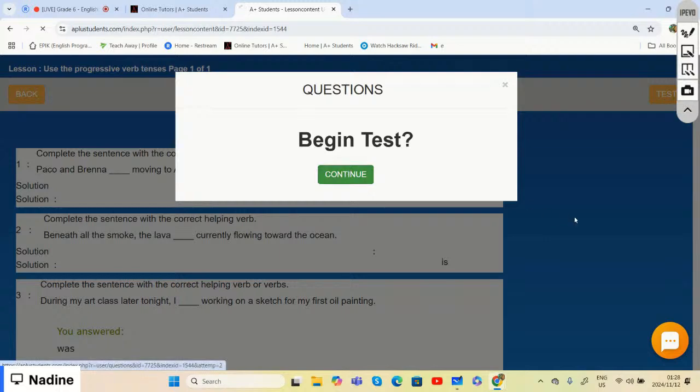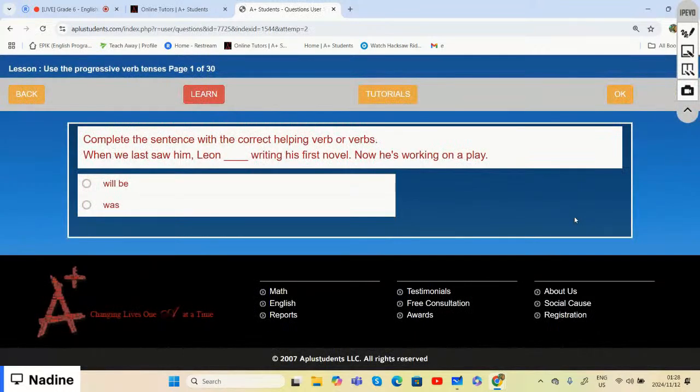All right, so now we're going to begin the test. It says complete the sentence with the correct helping verb.